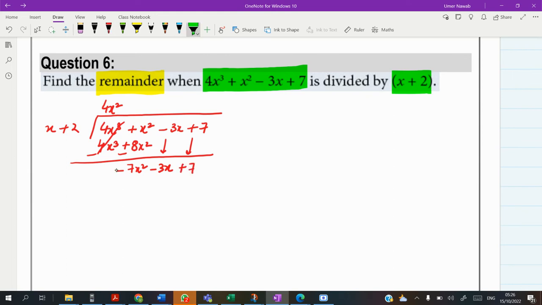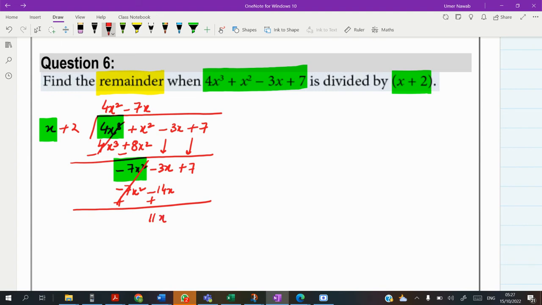Now we have here minus 7x squared divided by x will leave you minus 7x here. Plus 2 times minus 7x is minus 14x. Change the signs. 14 minus 3 is 11x.